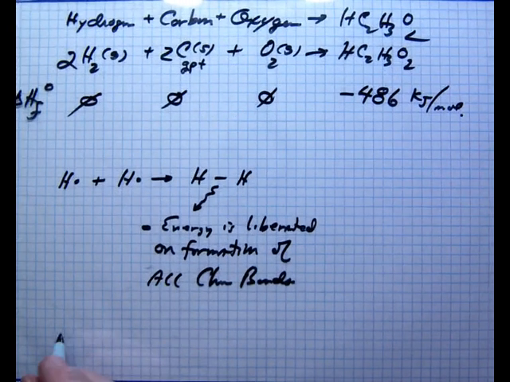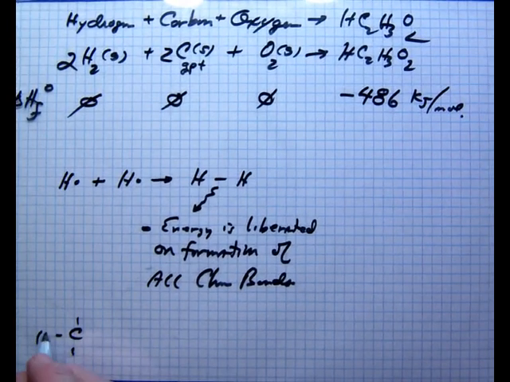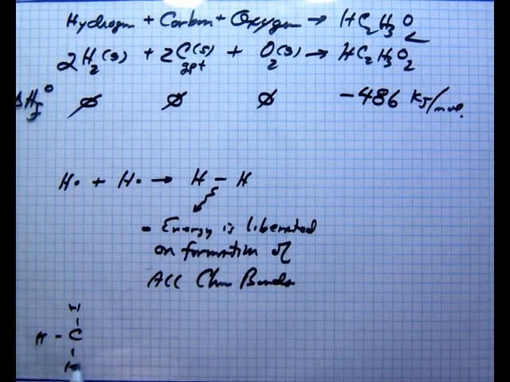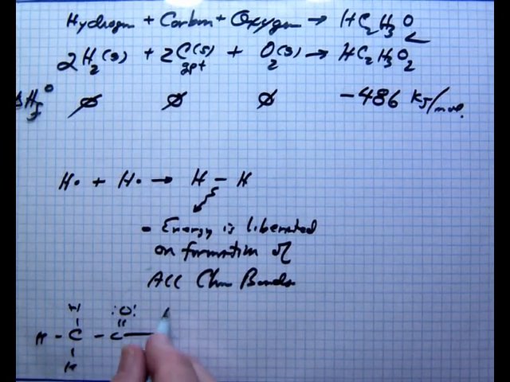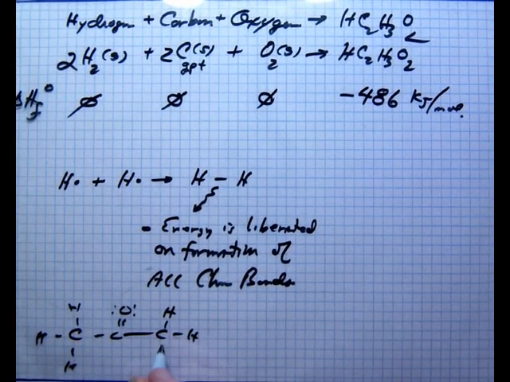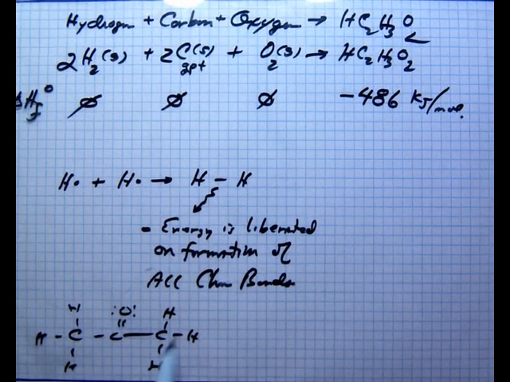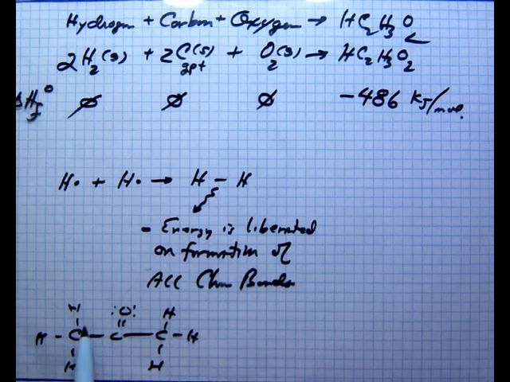But acetic acid is this. And every one of these, the double bond, this bond, and these carbon-hydrogen bonds, all give up a certain amount of energy. You add up all those individual energies, and we'll do that when we get to chemical bonding.